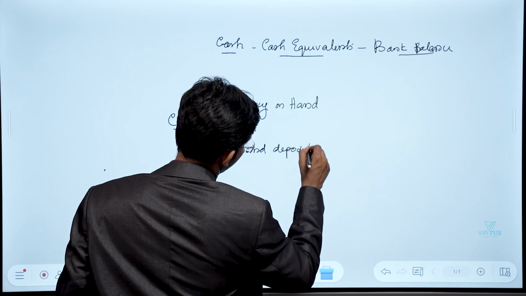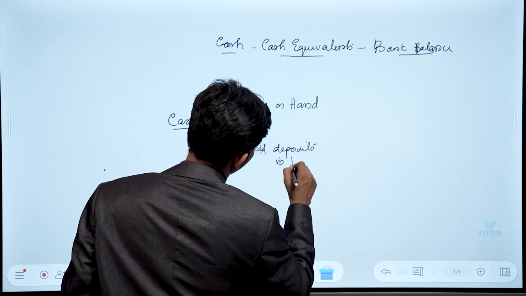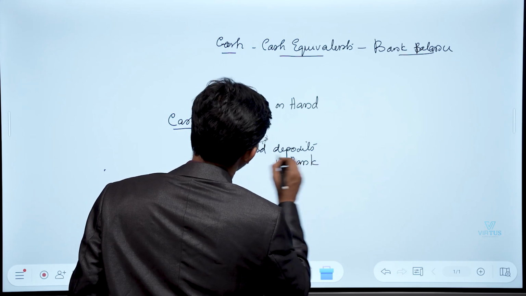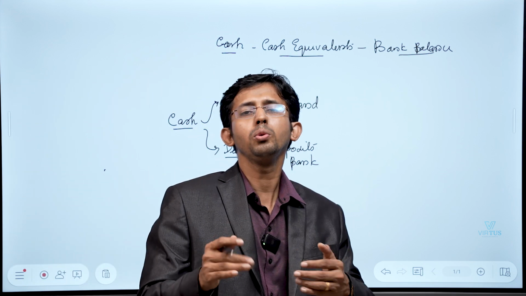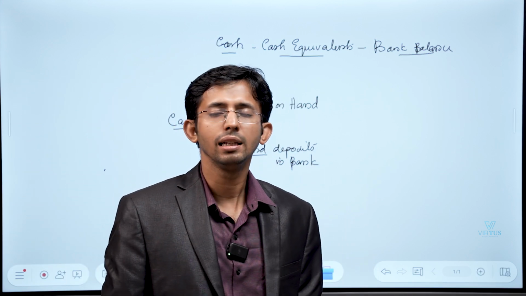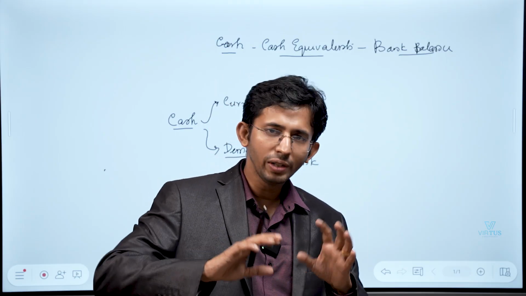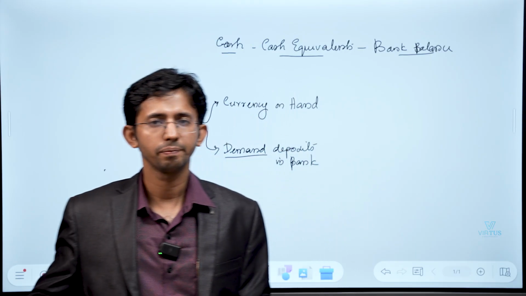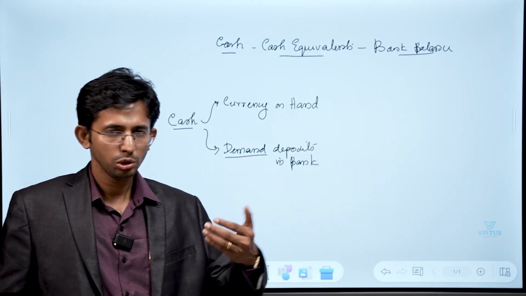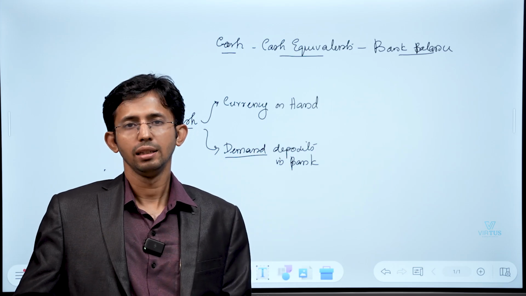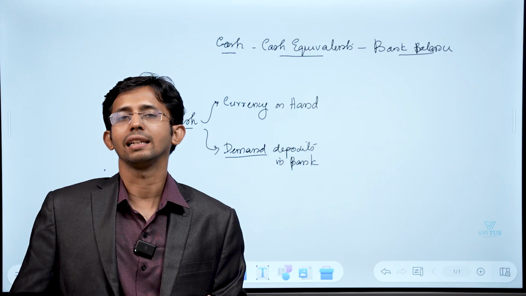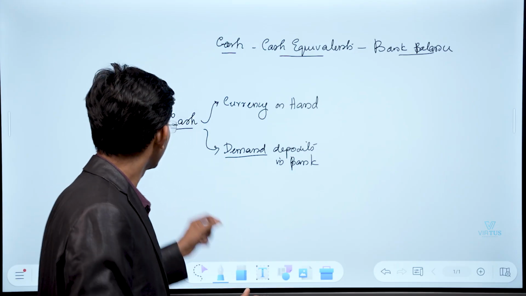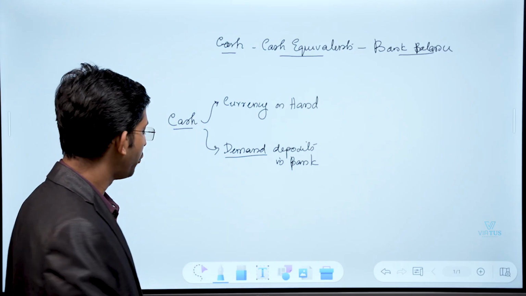What do you mean by demand deposits in bank? Demand deposits in bank means the moment you demand the money from the bank, they are bound to give it to you. You can withdraw this amount at any time. So any amount you keep in the bank which entitles you to withdraw it at any time is also classified as cash.